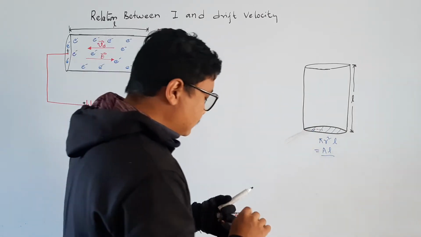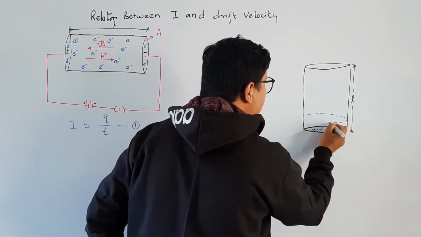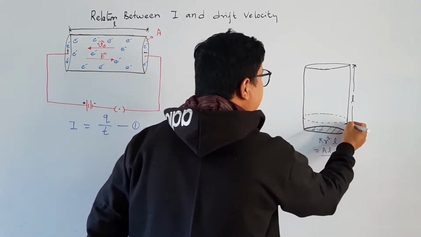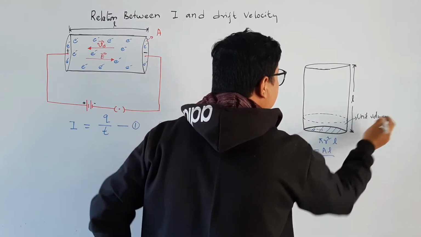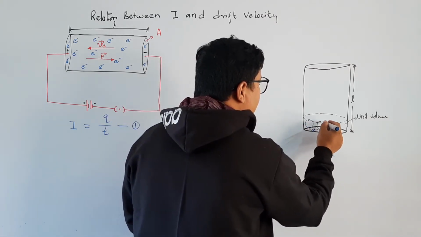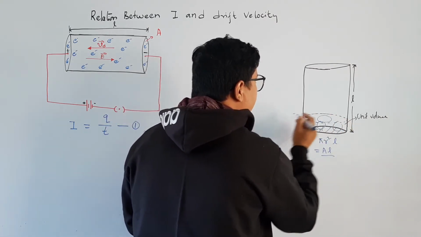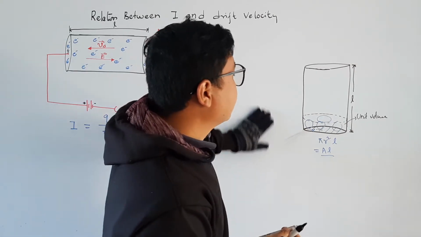Now, if I have this much volume, which is my unit volume, and in that unit volume I have this many balls like this, so I have 4 balls in unit volume.